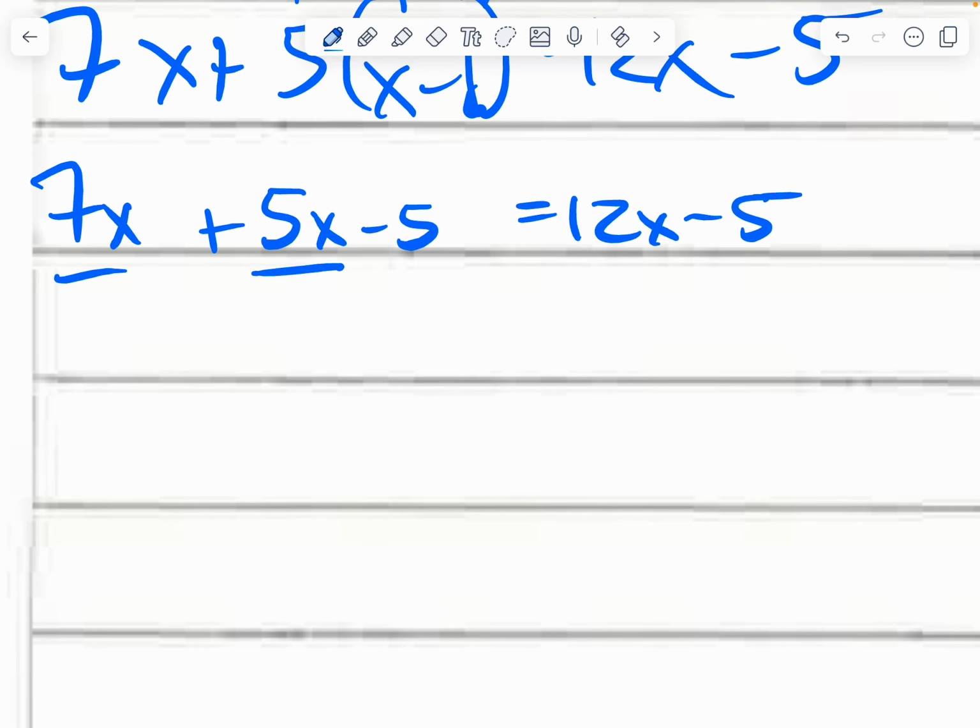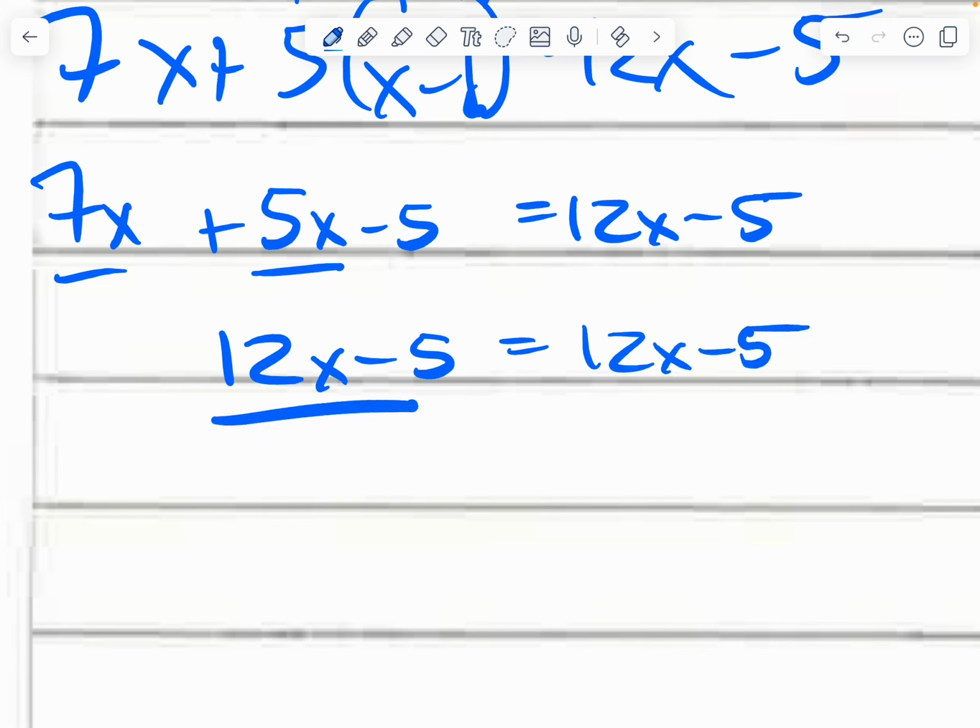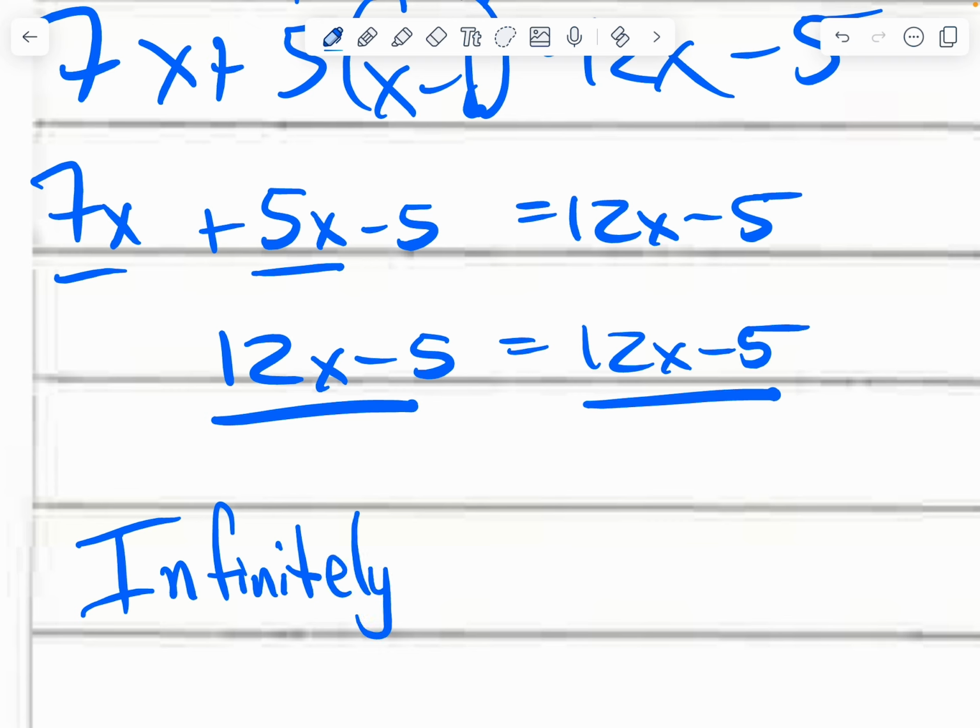Combine like terms, I get 12x minus 5 equals 12x minus 5. Look at that. This is exactly the same on both sides. That means that this is going to be, okay, I have always taught it as infinitely many solutions.